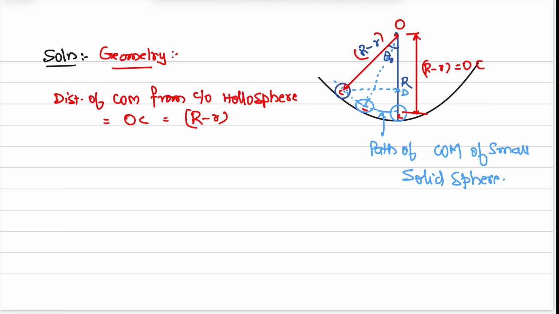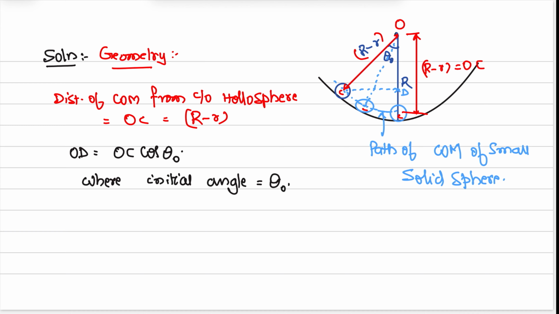The distance between points in a right angle triangle, adjacent to the angle, OD will be OC into cos theta naught, where the initial angle with respect to the vertical axis is theta naught.